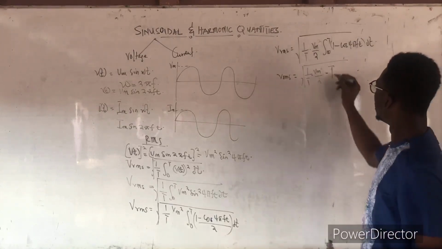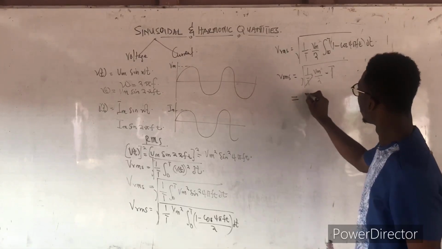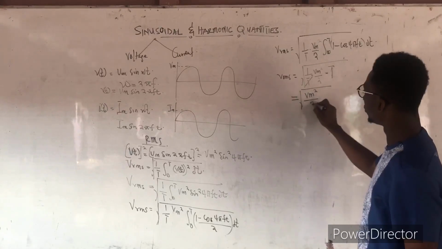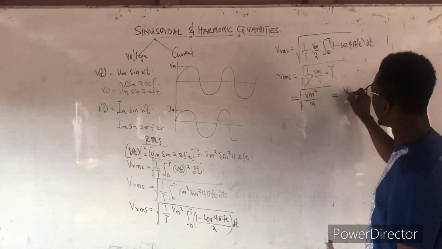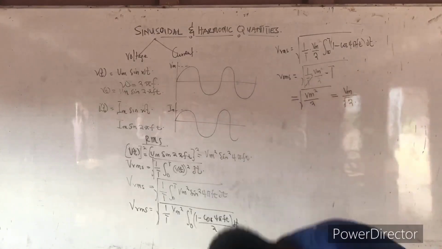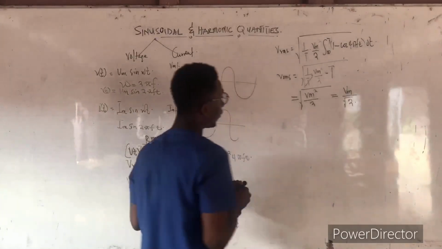Then this t can cancel the t. So your final Vrms becomes the root of Vm squared on 2. So your Vrms now becomes Vm on root of 2.